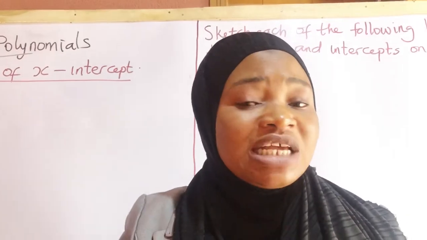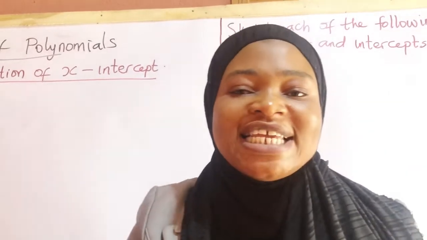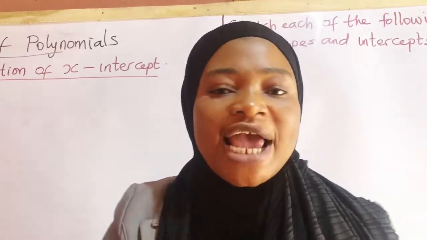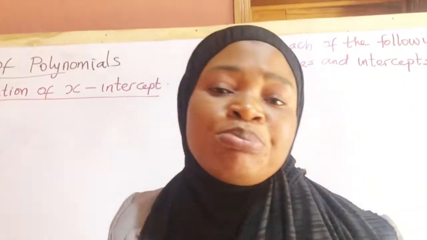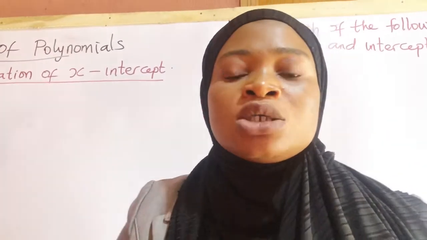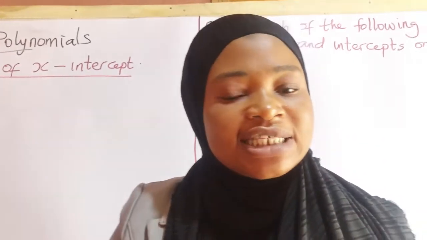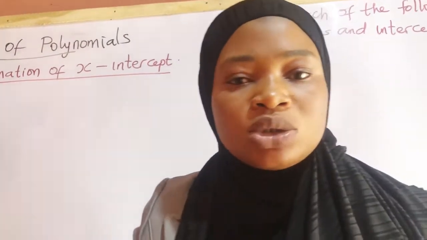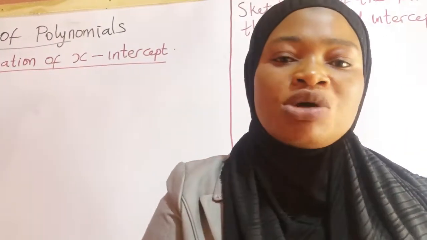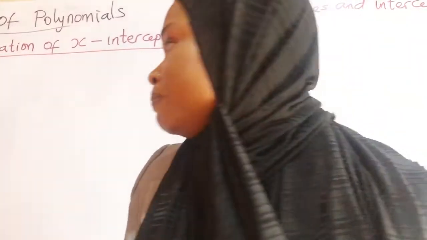So it is important for us to know how to determine the x-intercept and y-intercept when given any polynomial, especially polynomial of degree 1. So if you want to find the x-intercept of a polynomial of degree 1, you put y to be equal to 0. Then you solve the corresponding polynomial.